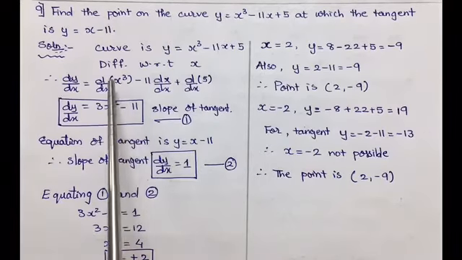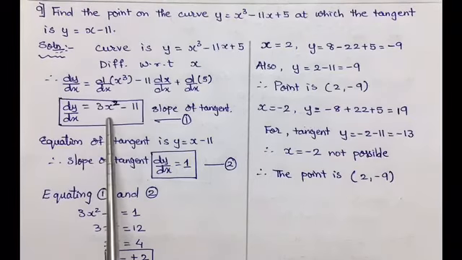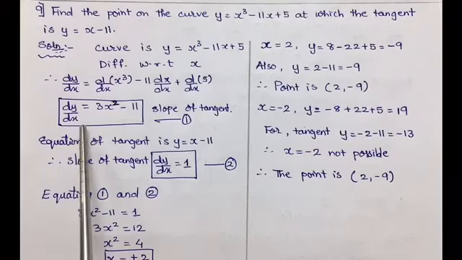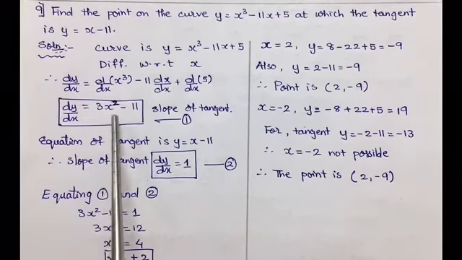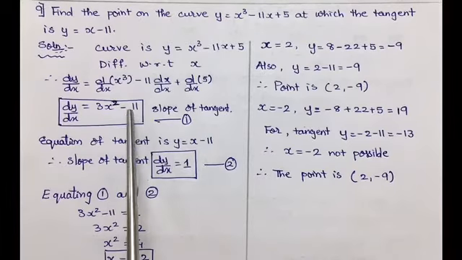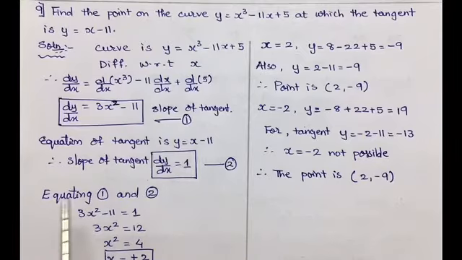Now d by dx of x cube is 3x square, dx by dx is 1, so dy by dx is equal to 3x square minus 11. That becomes the slope of the tangent from the curve. So we mark it here as 1.